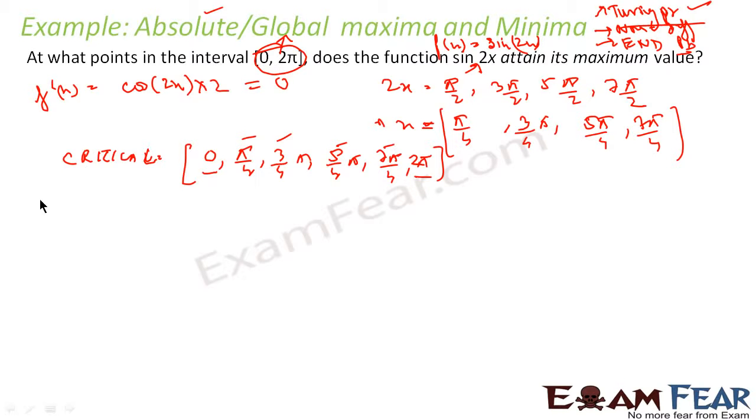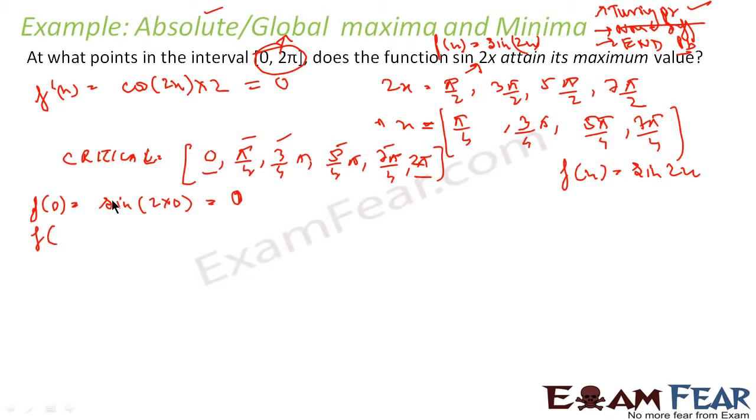Now I have to find the value at all these points. f of x is sine 2x. So f of 0 is sine of 2 into 0, that is sine 0, which is 0.